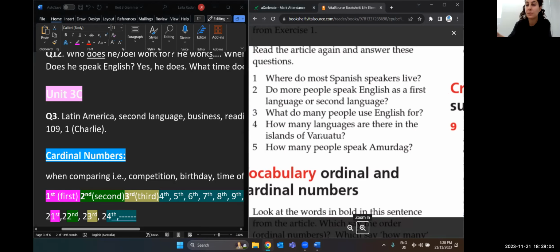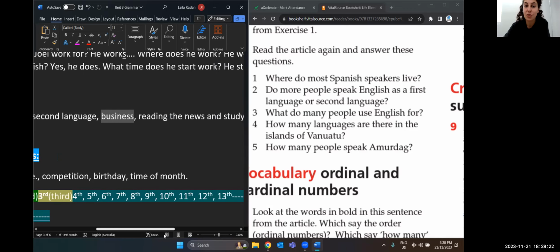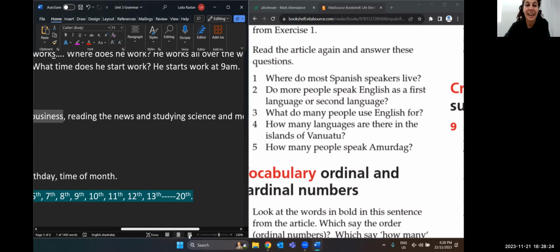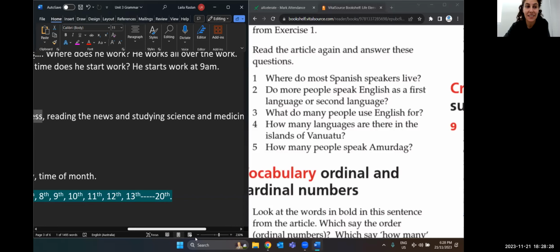Do more people speak English as a first language or as a second language? Second language. What do many people use English for? Business, reading the news, and studying science and medicine.